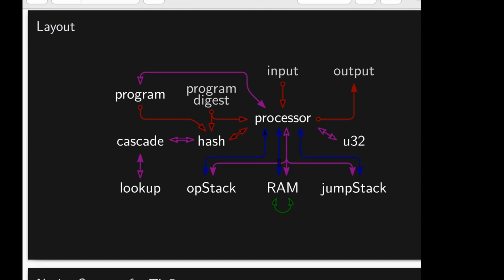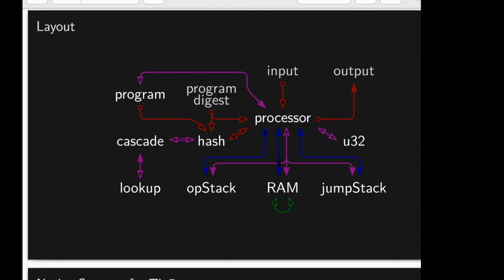This hash function is defined in terms of lookup gates, and to arithmetize that efficiently, we actually cascade into an intermediate table before we do the actual lookup. Aside from having a hash coprocessor, we have a coprocessor that's dedicated to U32, that's on the right. And then the last three tables on the bottom are memory tables.